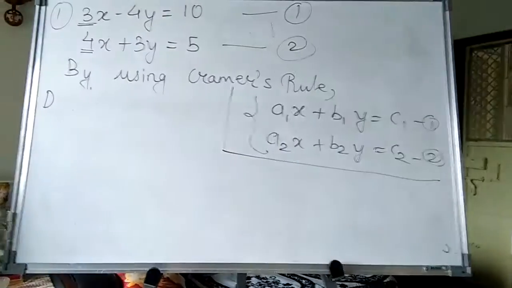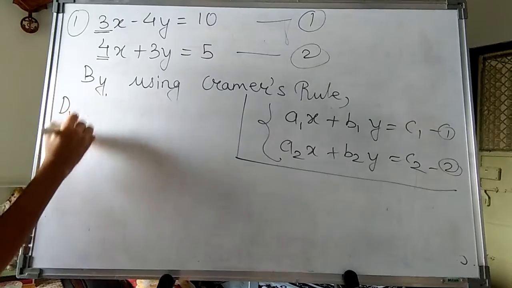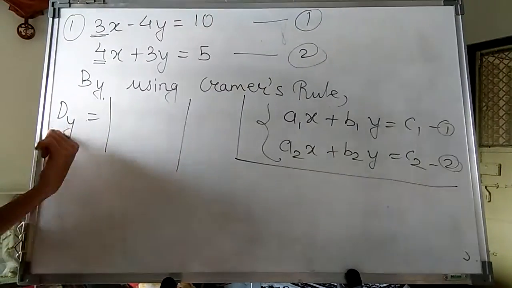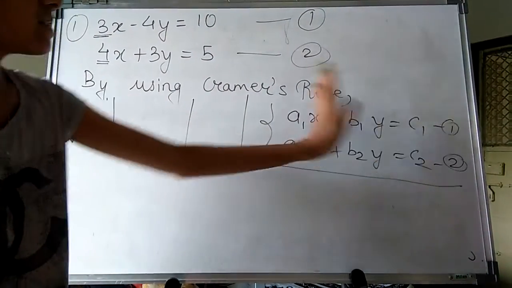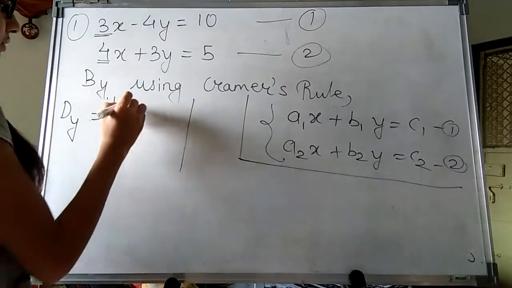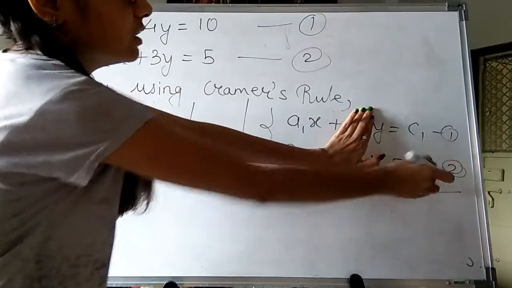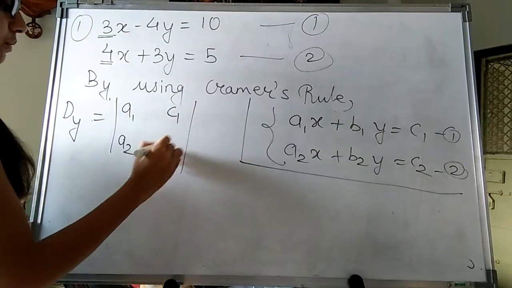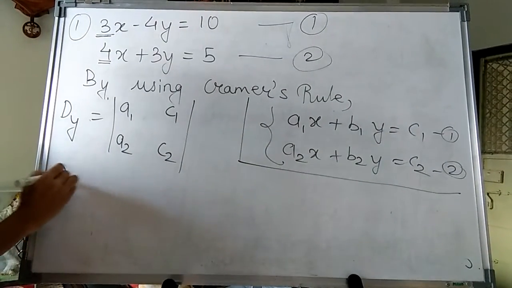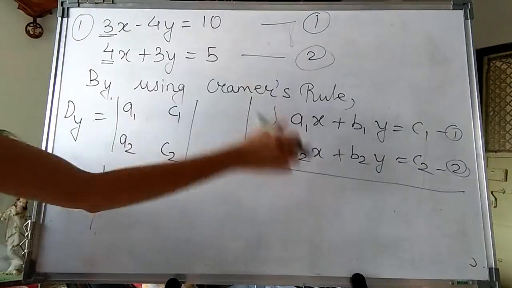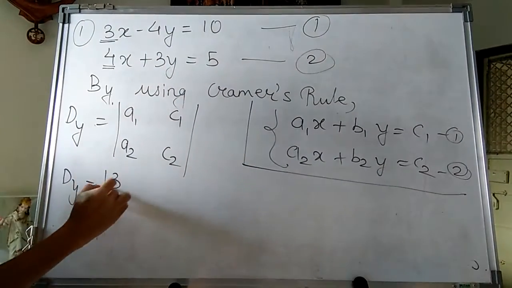What is your dy? You are going to leave the y variable and start from x itself. A1, A2. Leave this thing. C1, C2. Okay, so dy is equal to, what is your A1? Compare this equation with this equation, 3 and 4.